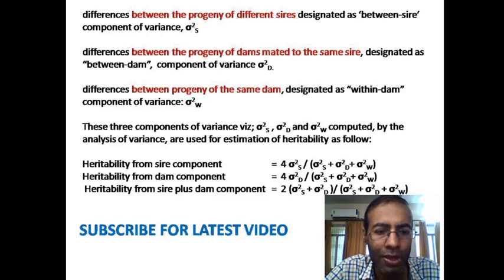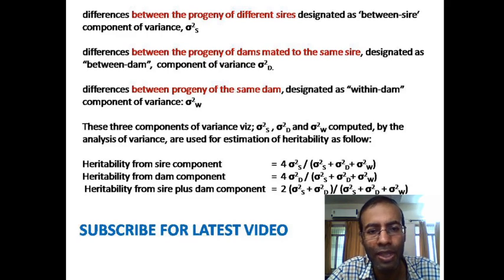The third way is heritability from sire plus dam component, and the formula is 2 times the summation of sigma square s plus sigma square d divided by sigma square s plus sigma square d plus sigma square w. So these formulas can be used for the estimation of heritability under the full-sib analysis approach.